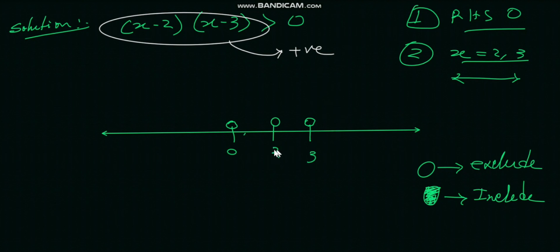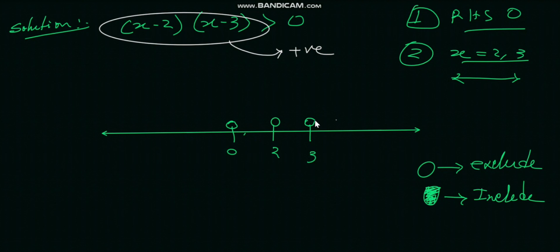Let's take the number 2. If I plug in 2, it will give 0 and the whole expression will be 0. So 2 is not satisfied and will be excluded from the solution. Let's take the number 3. Similarly, the whole expression will be 0 again, so this is not in the region.